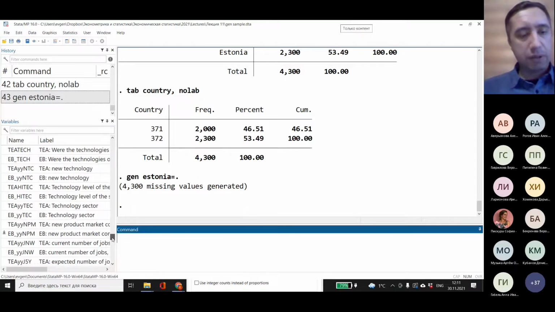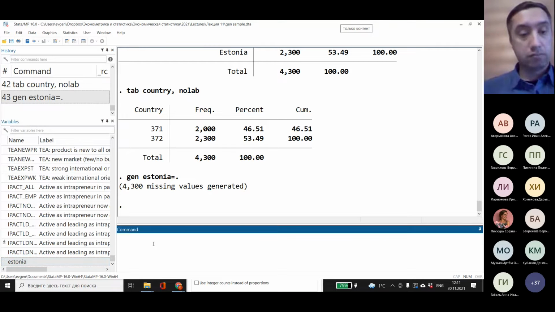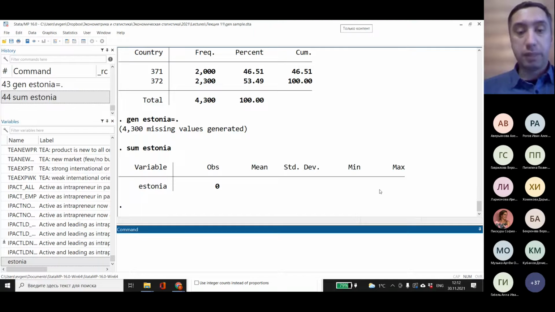If you scroll down in your variable list, you will find the new variable Estonia. It doesn't have any label because we didn't assign any value label, and it is also empty. If I describe Estonia, my output will be empty. Well, now I have to fill it.